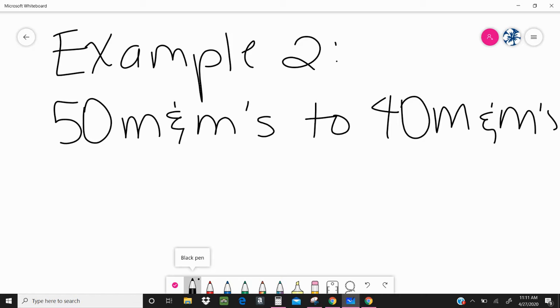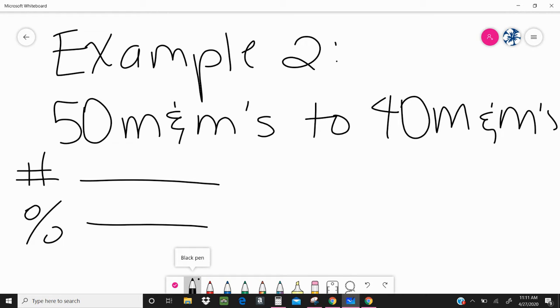When I do the double number line and it goes down, I'm actually going to write it a little backwards. So take a look. Again, my numbers are on top and my percents on the bottom. In this case, I'm going to put my 100% here because I know that my 40 is going to go here, because it's a number line, so the smaller numbers are on the left and the higher numbers are on the right.